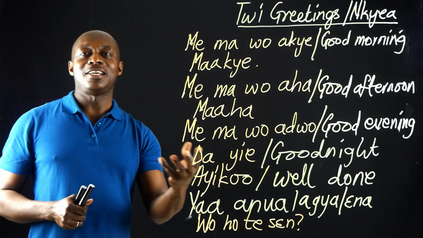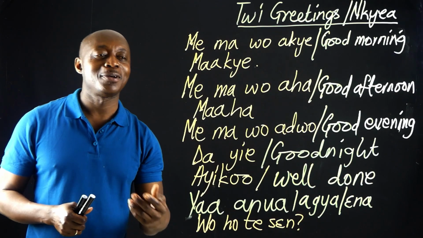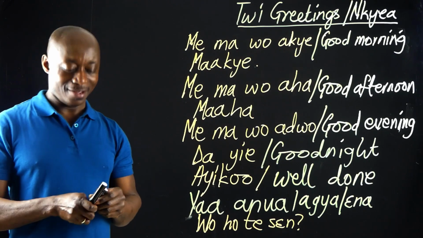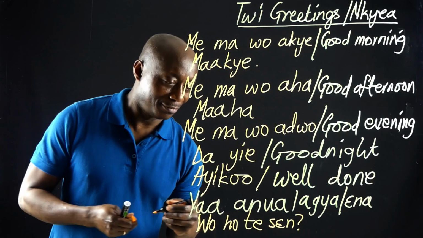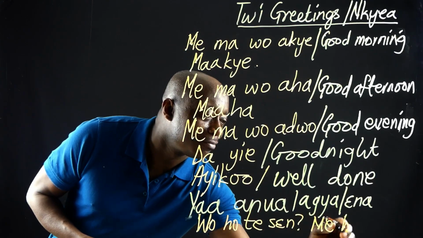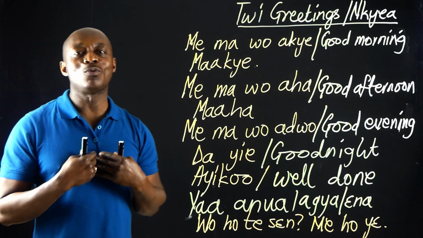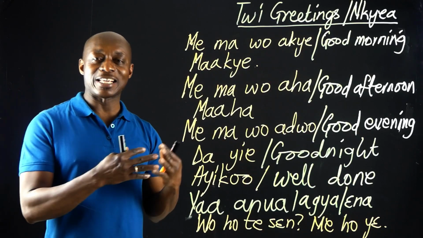And then, if that person asks me that, then I will respond, me ho ye. Me ho ye. I am faring well. I am feeling well, I am faring well, or everything is fine.